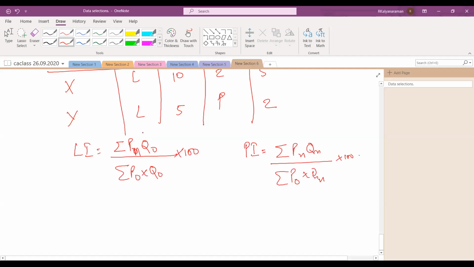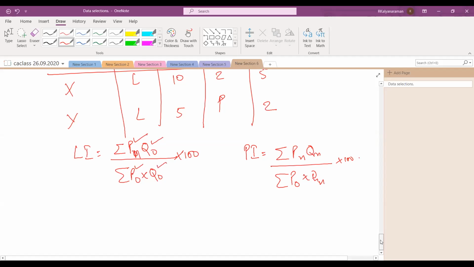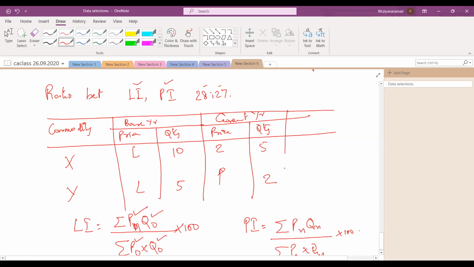What do you mean by this? We multiply the price in the current year with the quantity in the base year, and then we multiply the price in the base year with the quantity in the base year. So sigma P1 Q0 will be what here? P1 Q0.